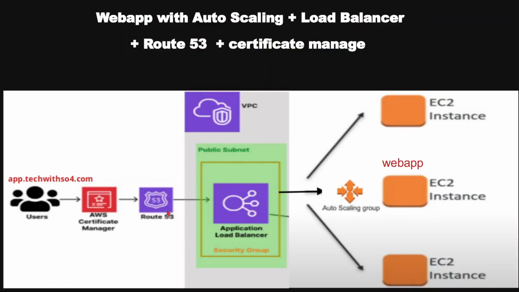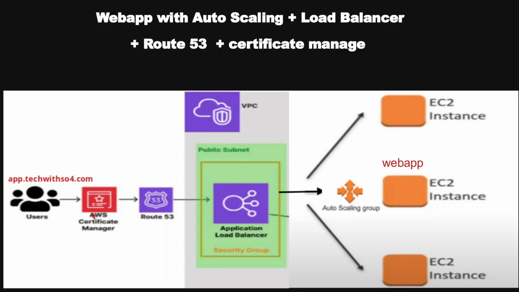Now, if we go back to our diagram here, let's recap what we've done so far. We created an auto-scaling group, which will take care of launching EC2 instances. We have our application load balancer, which will distribute traffic across the different servers or the instances.